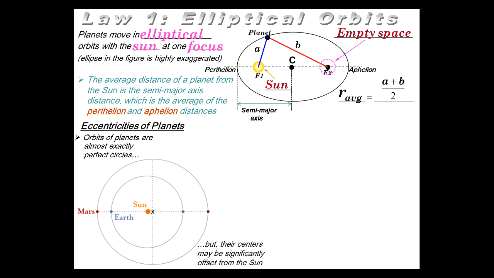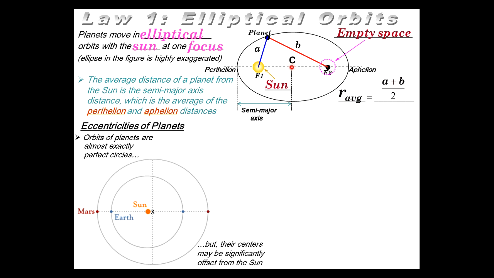So here's Earth, for instance, Earth's path around the sun, Mars' path around the sun, okay? And you'll notice that if we take the center of Mars here, it's not coincident with where the sun is. So that makes the orbital path less circular than it would look from just looking at this idealized ellipse here.